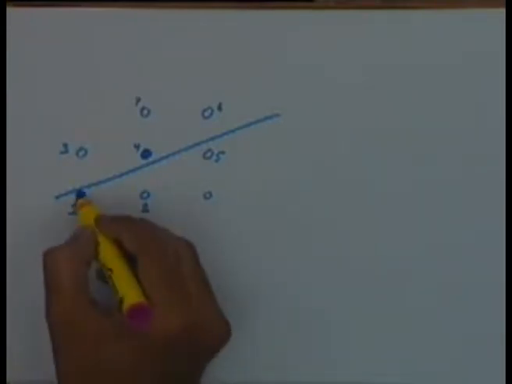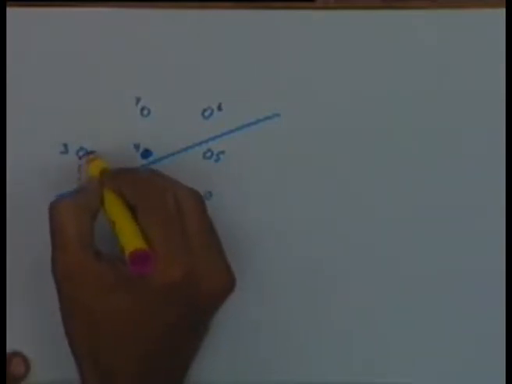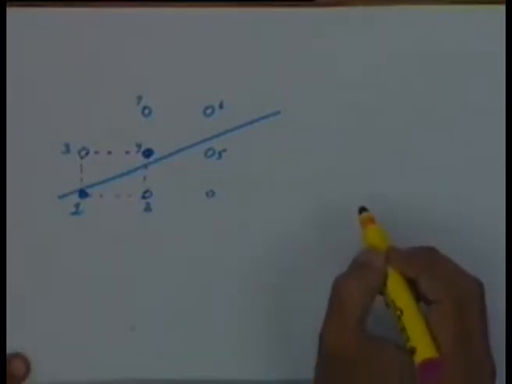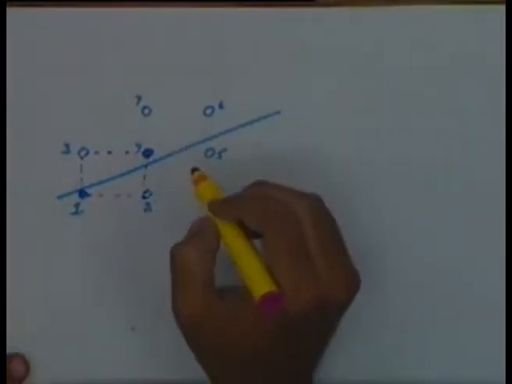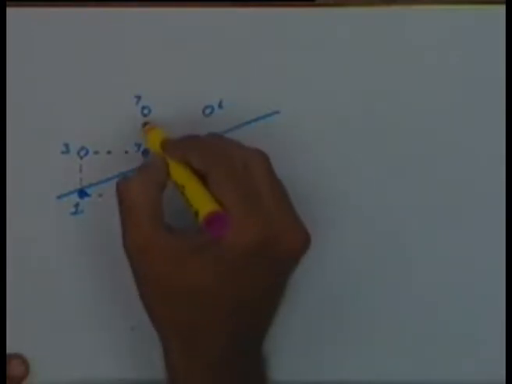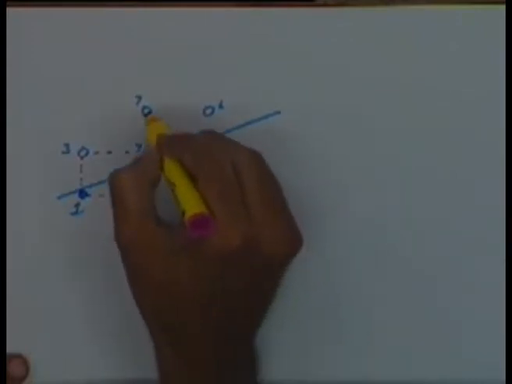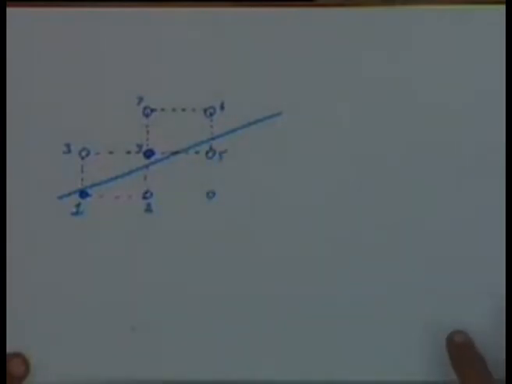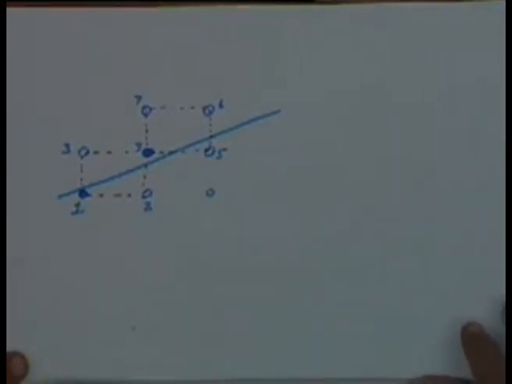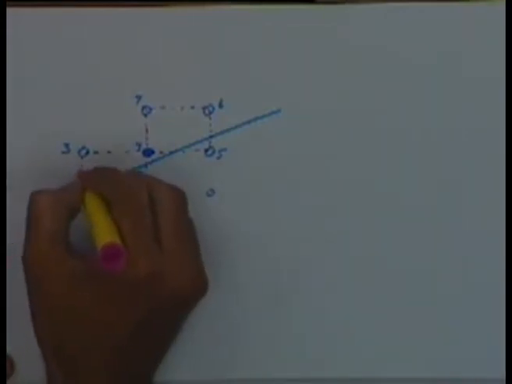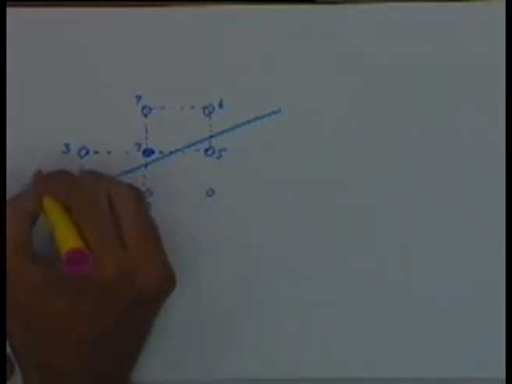The first pixel that is displayed is pixel number 1, which is like this. And the next pixel that we decide to display is this pixel number 4. At this point, my error term will be this much.